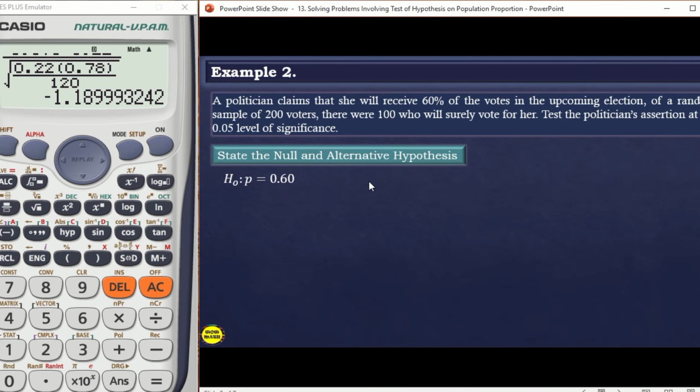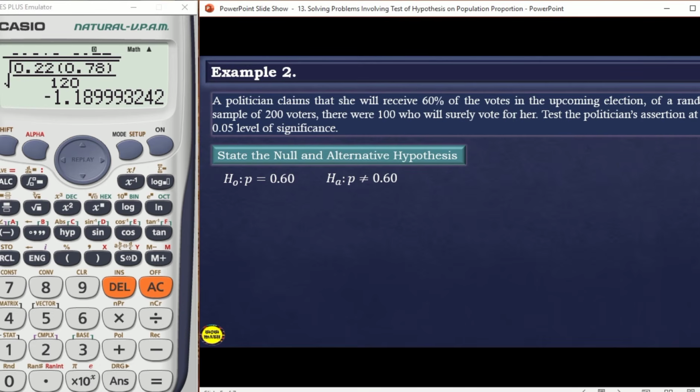Ito yung claim niya, that 60% ng votes sa upcoming election ang marireceive niya. So, iti-test niya kung ito talaga ay totoo with 0.05 level of significance. So, ano yung magiging alternative hypothesis natin? Not equal. So, dito pa lang, alam natin na kapag not equal yung alternative hypothesis natin, two-tailed test ito.